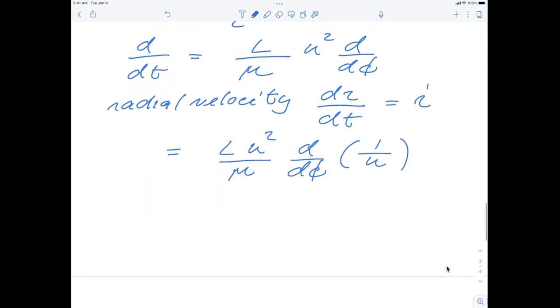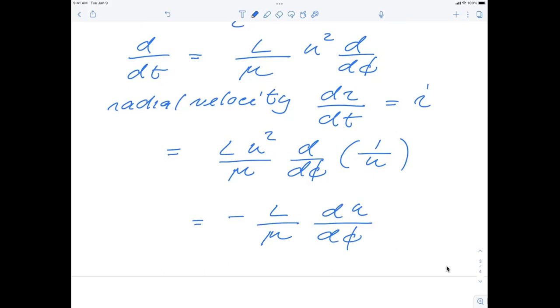If I take the derivative, we know that this simplifies, because the derivative of this one with respect to u is simply going to give us minus 1 over u squared times the derivative of u with respect to phi. So this is going to give us minus L divided by mu times du d phi.